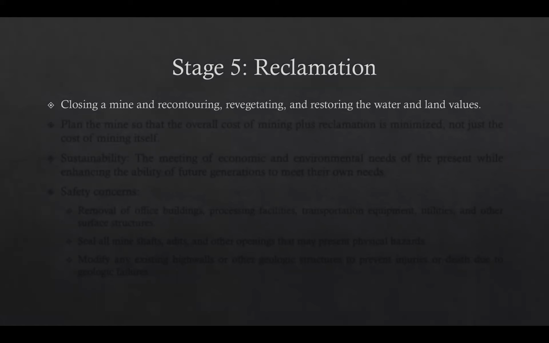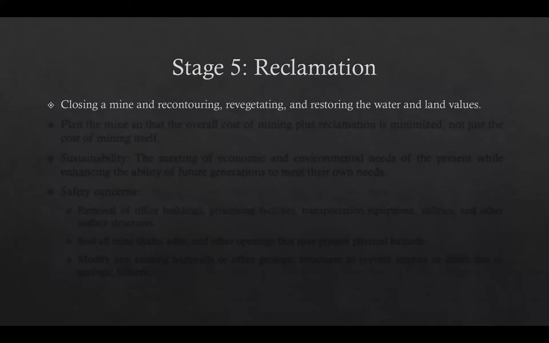The reclamation process should be considered along the development and exploitation before the first excavations are initiated. We do not need to wait until the exploitation is done and then we plan for the reclamation. That will not be the best option. We need to plan the reclamation along the development and exploitation.